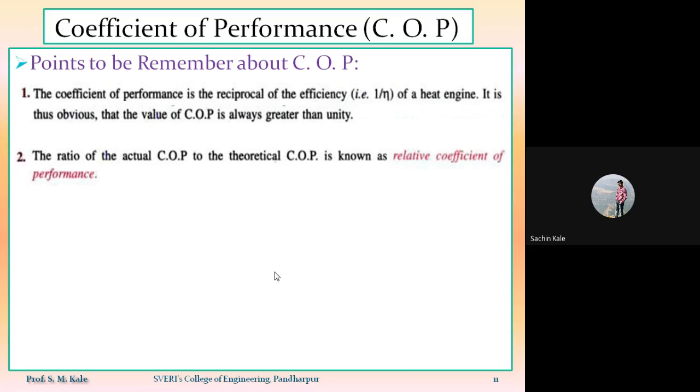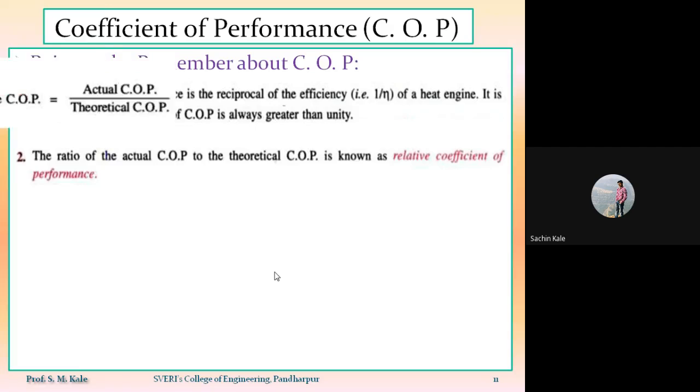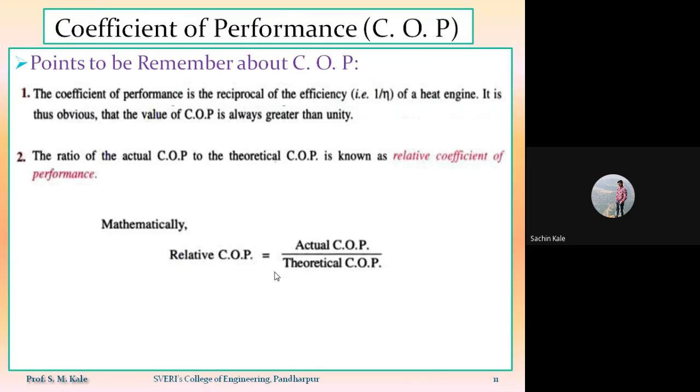If we calculate the actual value, we get the actual COP. Sometimes in the problem they will ask you to find the value of relative COP also. So relative COP is nothing but actual COP divided by theoretical COP.